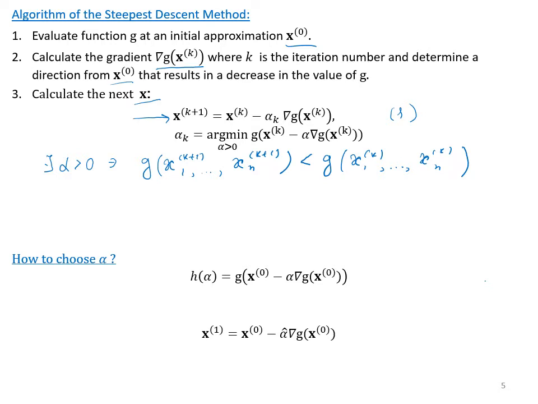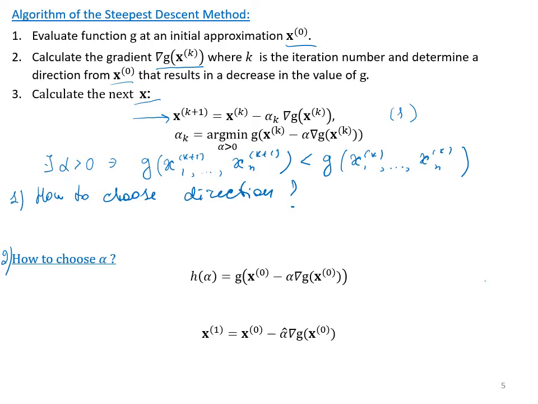Let me give you some intuition about this method. Actually, there are two main questions: how to choose direction in which you should go, and how to choose alpha. When we want to choose direction, the most logical way is to choose direction along which our function decreases the fastest.